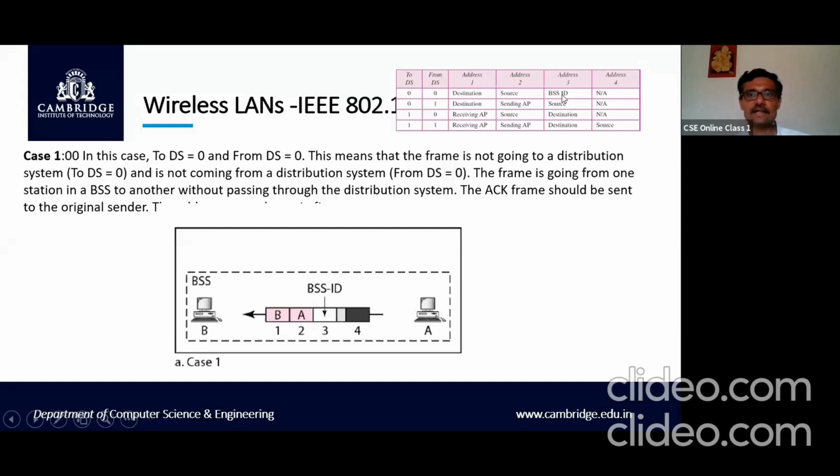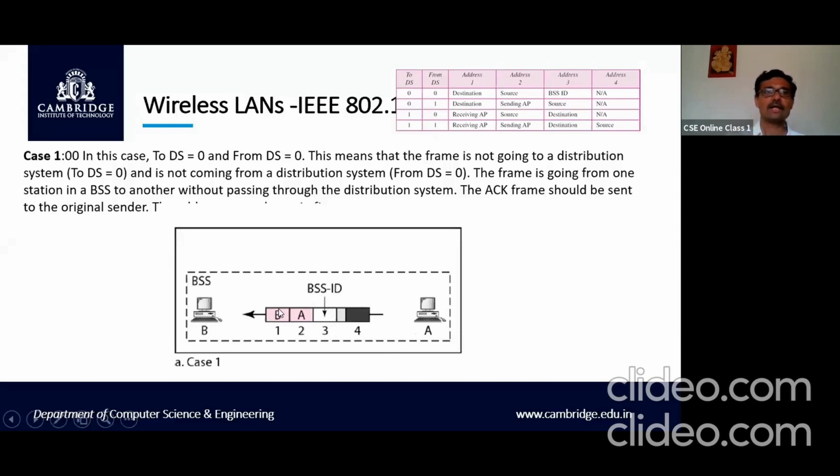Address 3 is a BSS ID, the ID of the BSS. The BSS itself has an ID, the MAC address, which is specified in address field 3. Address field 2 has the source address. Source here is A, so this field has the source address. Similarly, address field 1 has the destination address. Destination is B here, so the MAC address of station B is specified here.